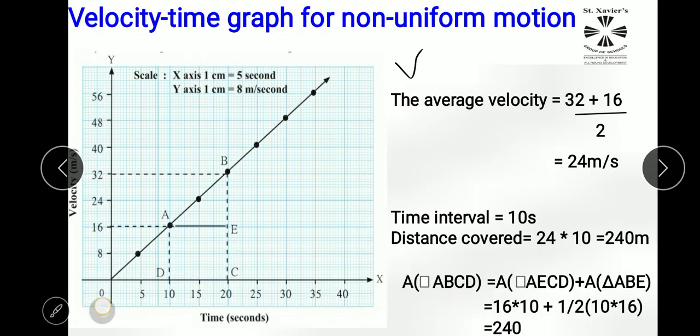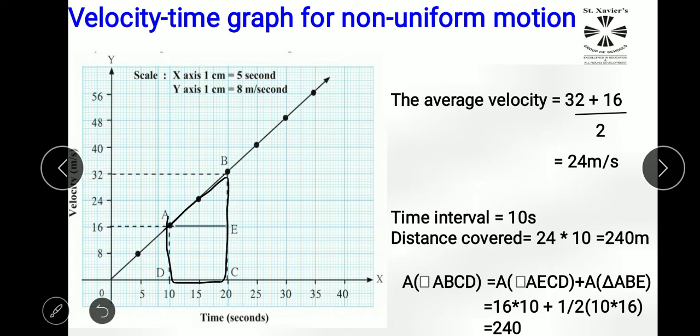With the help of the graph, when you see here, a quadrilateral is formed, as we learned in the last part of the last video. We calculated the area of the quadrilateral and we got the distance traveled.